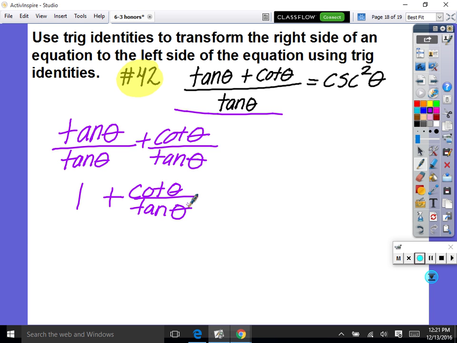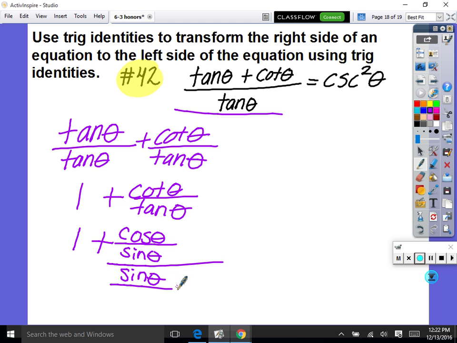Now if you think about what we really have here, we have 1 plus, what is cotangent? You can think of it a few different ways. Cosine theta over sine theta, right? And then divided by tangent of theta. There are different ways of thinking about this. So tangent is sine of theta divided by cosine theta, right? That's one way of thinking about it.